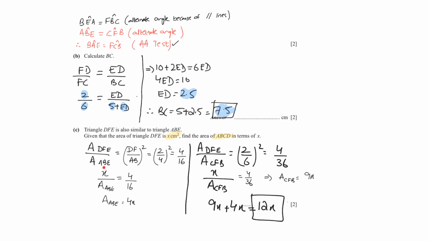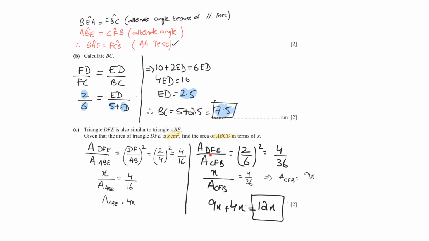These two triangles are similar, so the ratio of their areas would be equal to the ratio of their corresponding lengths squared. So, DF upon AB was 2:4, squaring them would give you 4:16. Area of DFE in the question is given to you as x, area of ABE, you cross multiply, you get the area of triangle ABE in terms of x, that comes out to be equal to 4x.